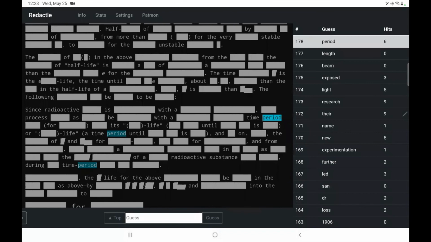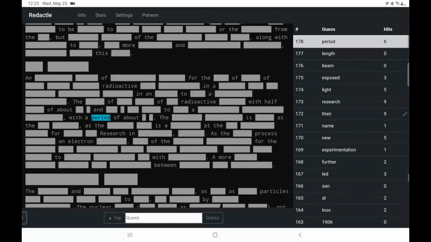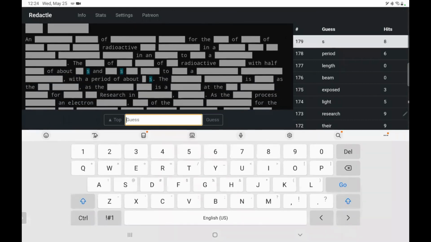Let's go look at these time periods, time period, time period, time period. With a period of about, I'm going to guess, so it's something seconds.